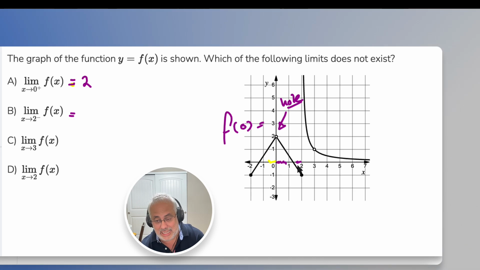So from the left, the function approaches -1. From the left, the function approaches -1. Clearly -1. So let's see the next one.